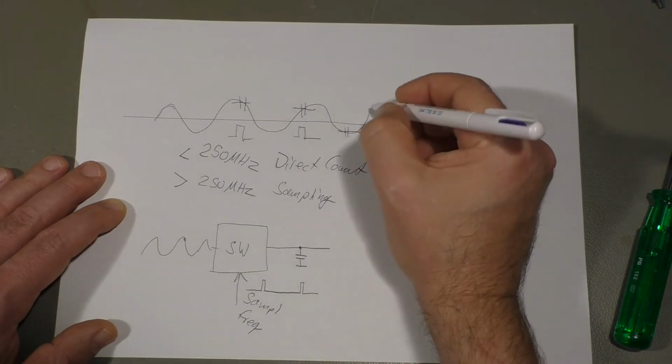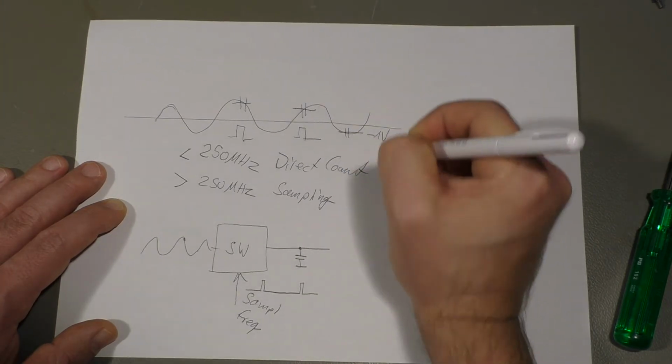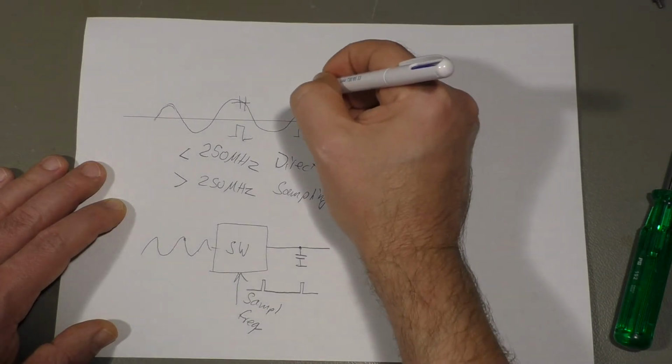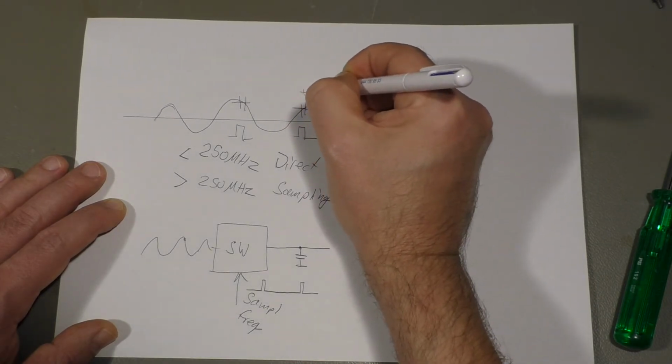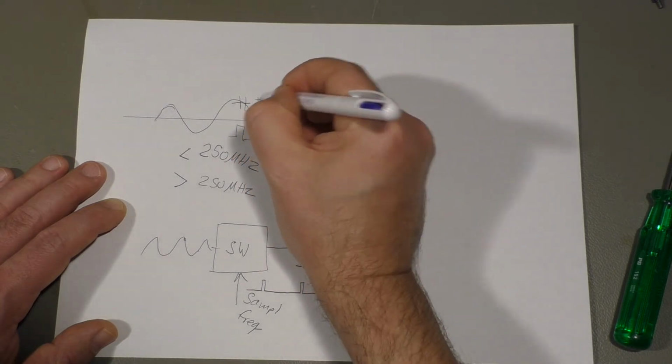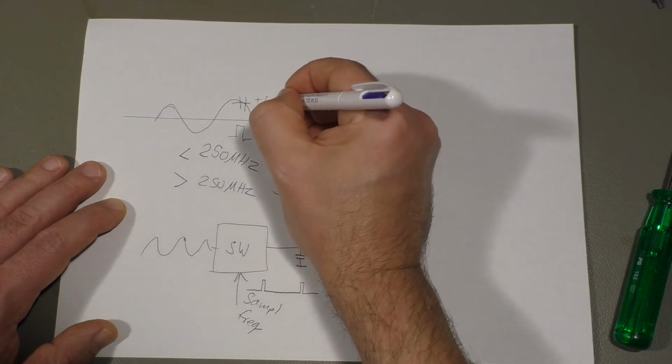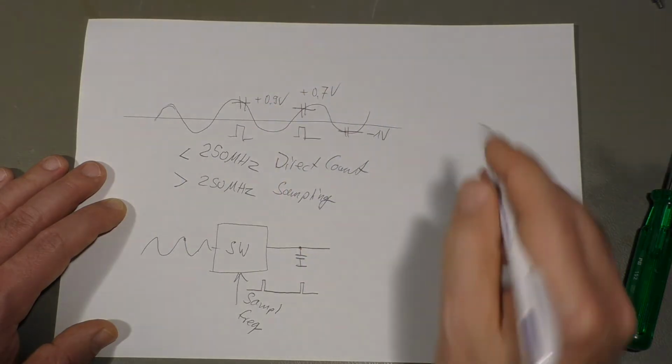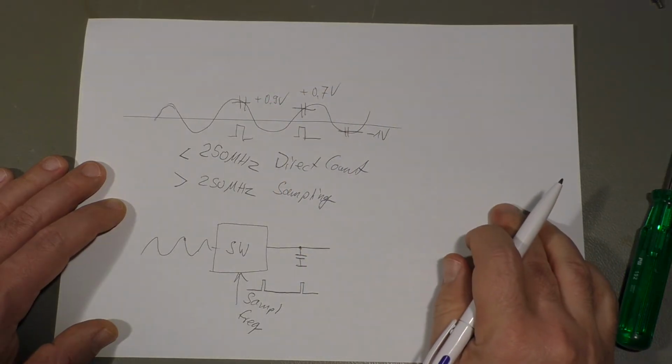So here we have, for example, minus 1 volt. Here we have plus 0.7 volt. Here we have plus 0.9 volt, and so on.